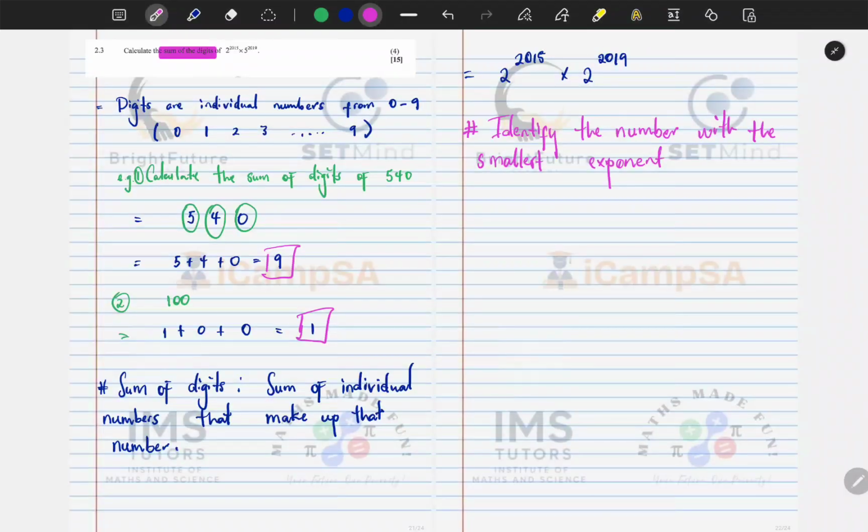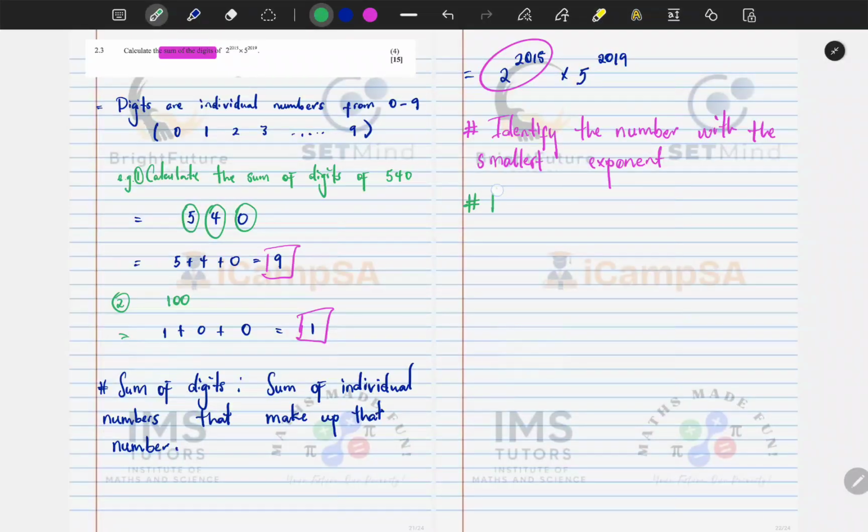The number with the smallest exponent is this one, 2 raised to the power of 2015. The second thing we are going to do is rewrite the other number, which should have been 5, referring to this one in terms of the smallest exponent, right?